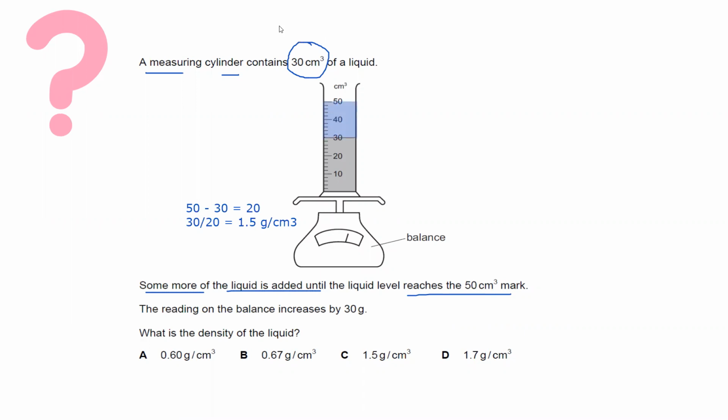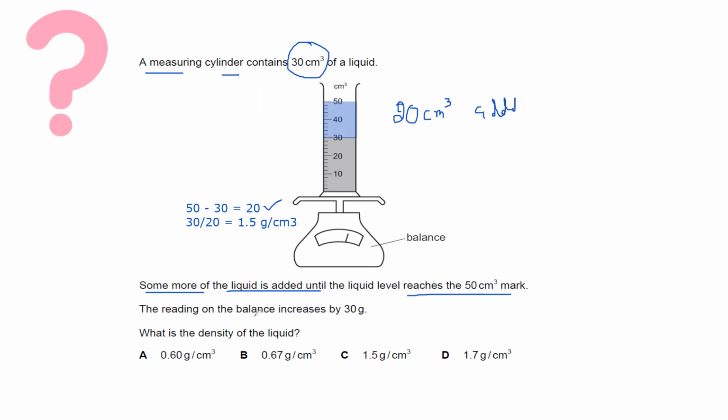So how much liquid is actually added? Original volume was 30 and the new volume is 50. So the final volume is 50 and initial is 30. When we subtract the two volumes, we'll get 20 cm cube. So basically 20 cm cube of liquid is added.